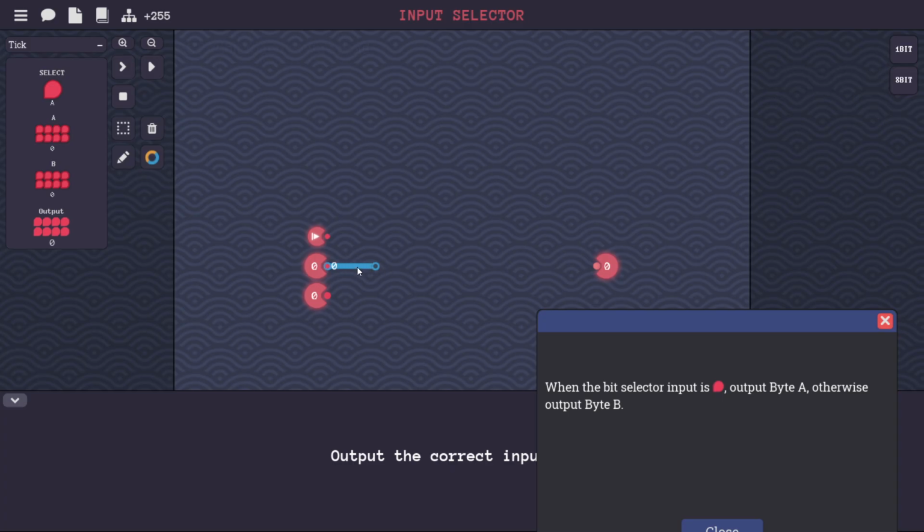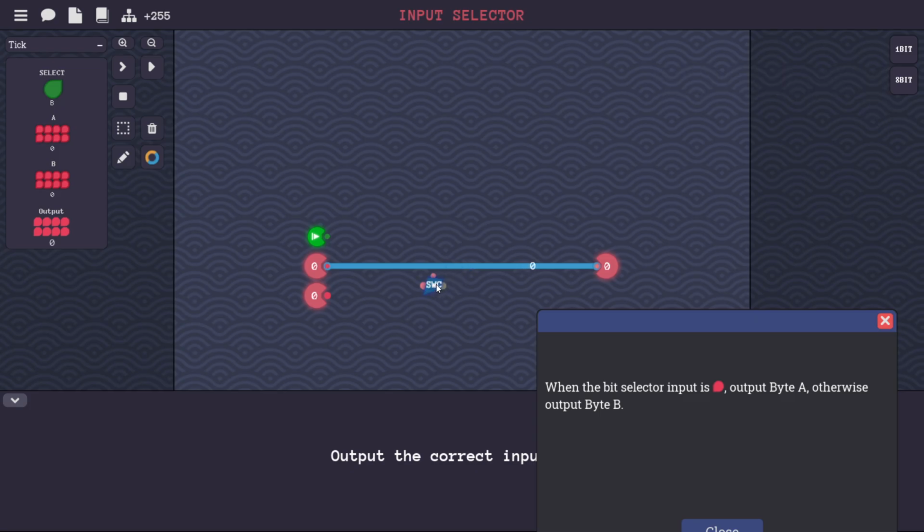Okay, because we are told that when this is off, we should always get this input byte A, and when this is on, we should get this. So it's kind of going to be switching in between these.